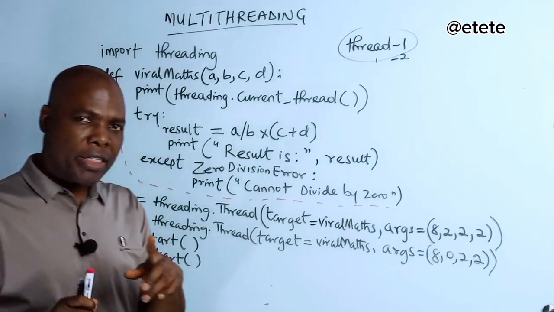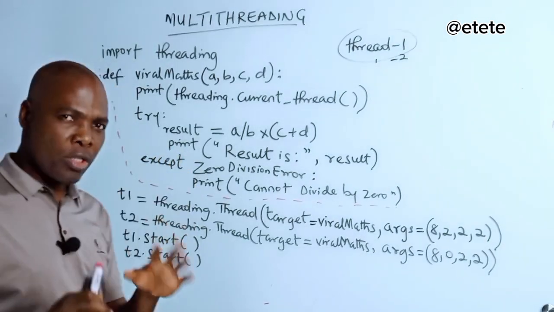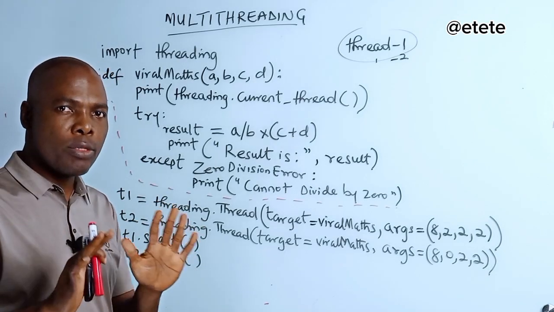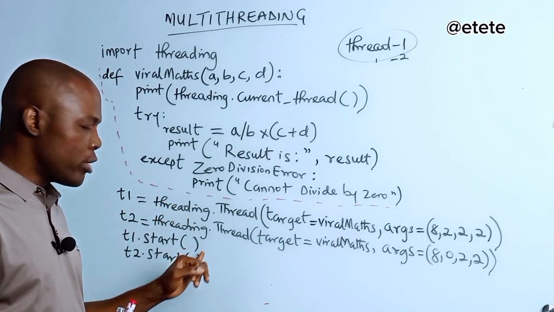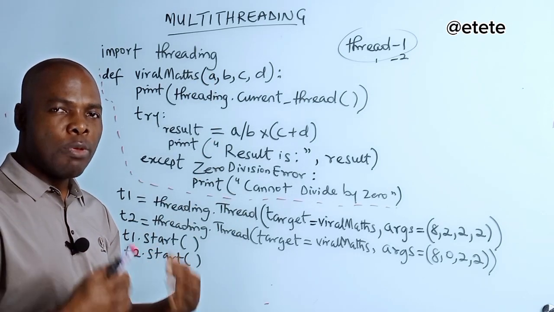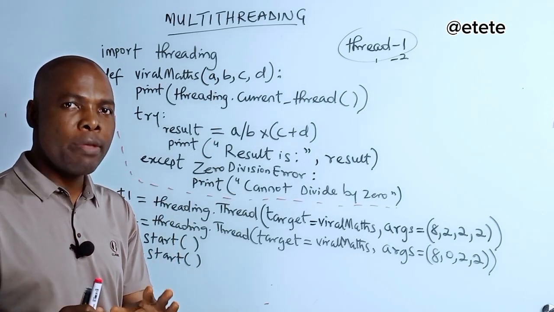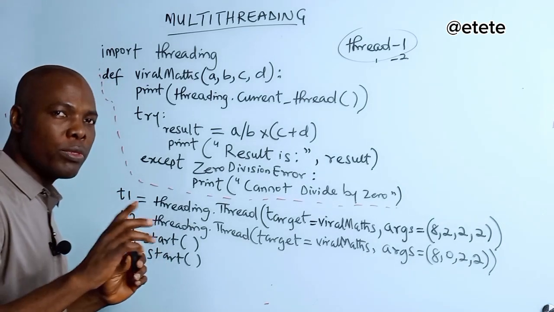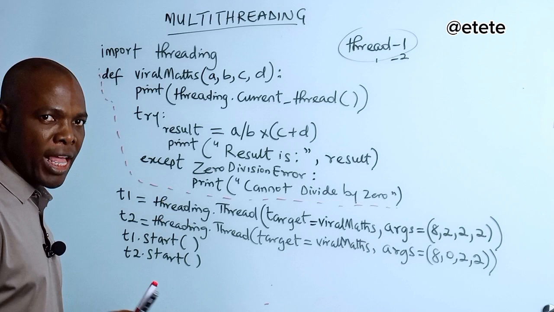Now, the main thread is starting thread 1 and is also starting thread 2. But I want the main thread to wait for these two threads to perform this task and return to it before it will return back to management to give them the final output. So how would the main thread wait for these two tasks to finish?